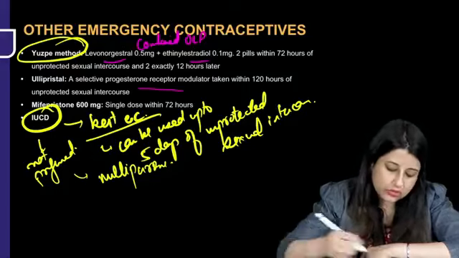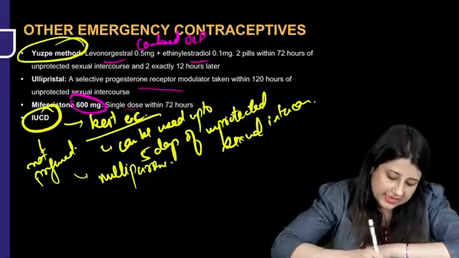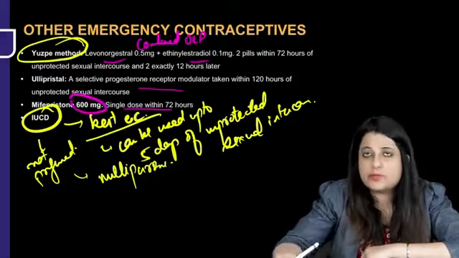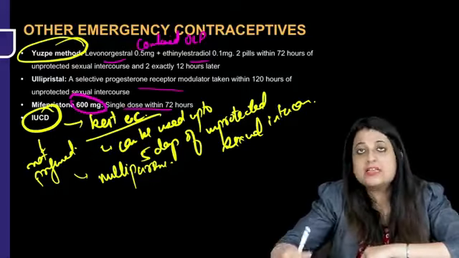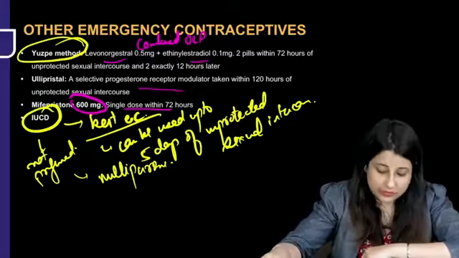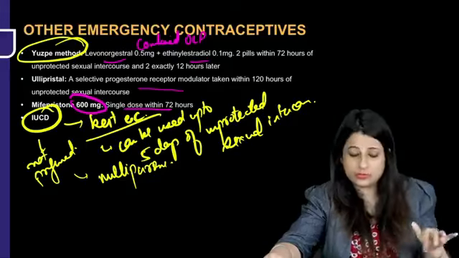So mifepristone could also be used, 600 milligram single dose within 72 hours, but they are not preferred. Most preferred is the I-pill. Best is IUCD. The YASP method was famous before. It's the combined OCP. Ulipristal is a progesterone receptor modulator, and mifepristone can also be used.